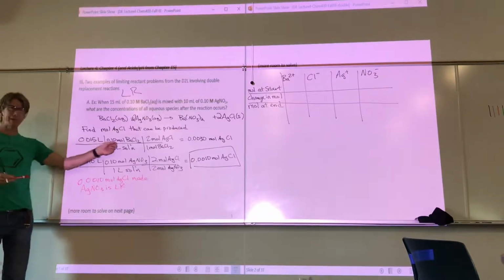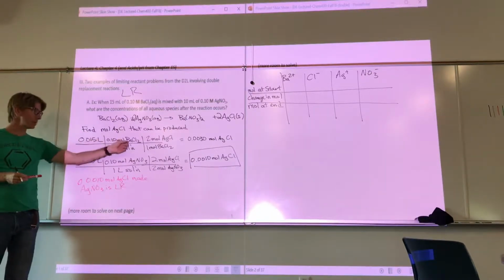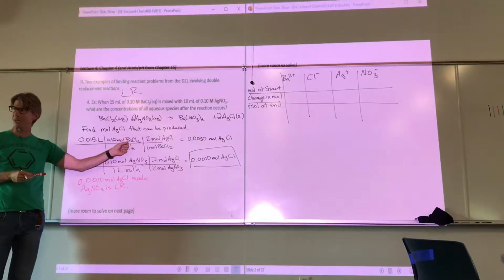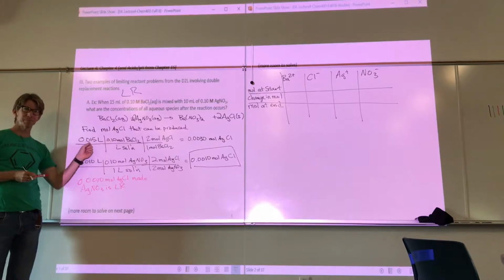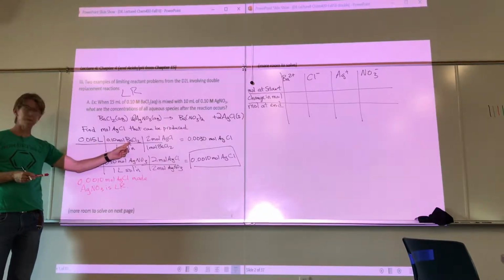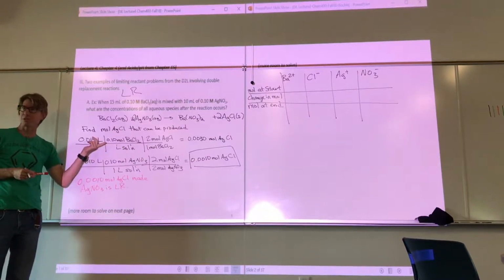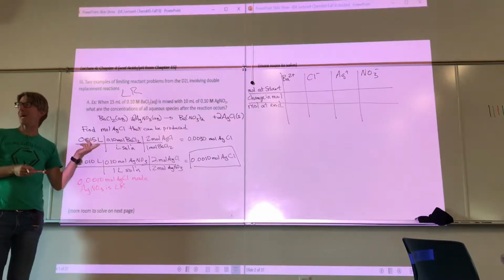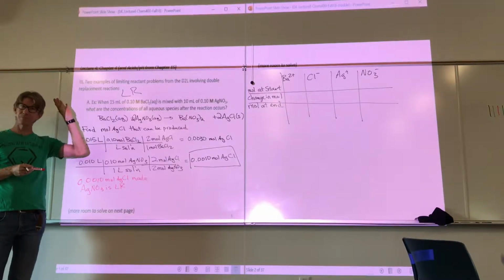Now, I'm going to come back here. If I ask the question, how many moles of just barium do I have? I would multiply these two together, and then there's one barium, so it would just be the same number of moles. Can you see that? How many people can see that? Good. All right.